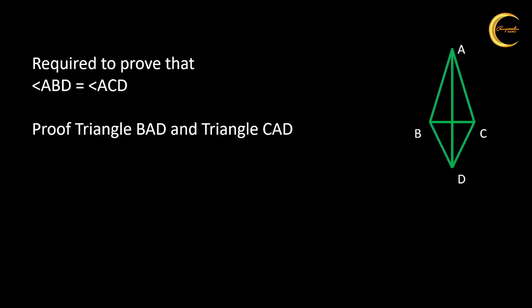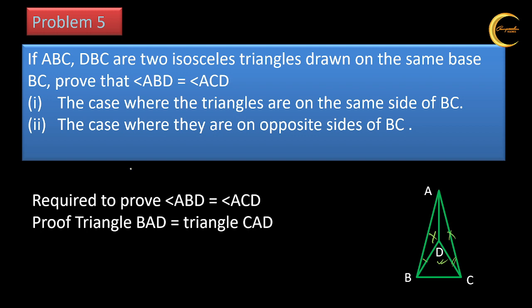Now, let's see the proof. So AB equals AC because ABC is an isosceles triangle, and BD equals DC because it is also an isosceles triangle, and this AD is common for both.